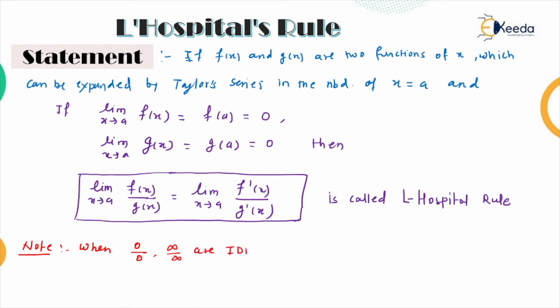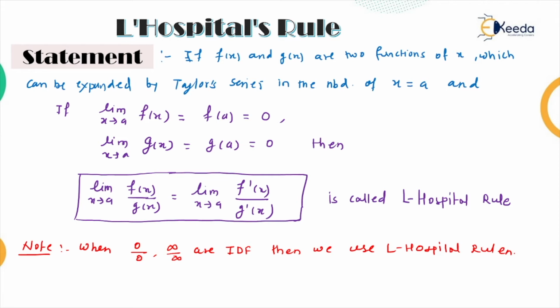These are the forms for which the L'Hospital rule is applicable. Otherwise, for the remaining indeterminate forms we cannot directly use the L'Hospital rule. So other indeterminate forms you have to convert first to 0 by 0 or infinity by infinity form, and then we use the L'Hospital rule, and after that we solve it, guys. I hope you understand the L'Hospital rule.